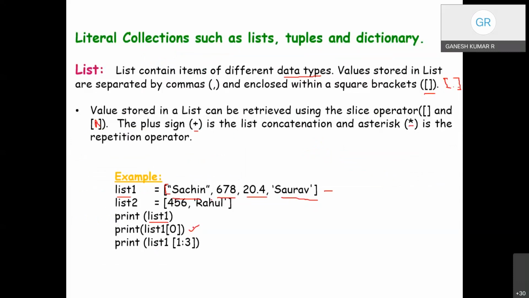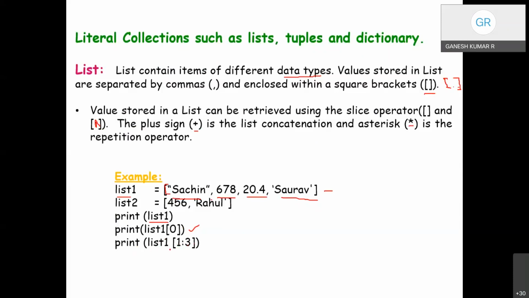Now next, the slicing operation. Indexing is done. Next, we would like to check the slicing operator. The slice operator is represented by a colon and supported with two values, the initial value and the final value. While slicing, it will take the values from the initial value to n minus 1.